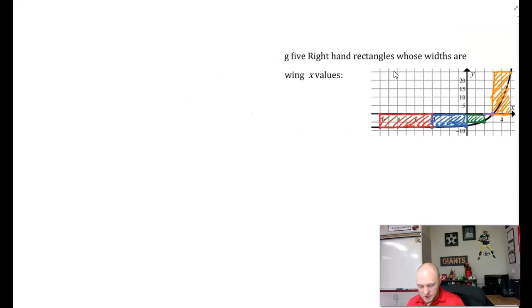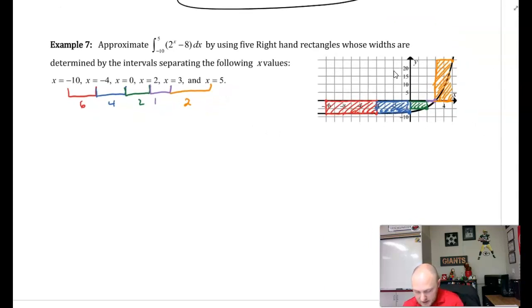So we want to calculate what that value is. So let's go ahead and do some computations.